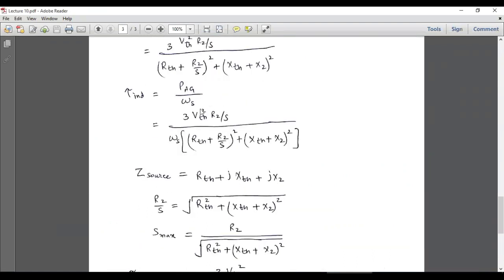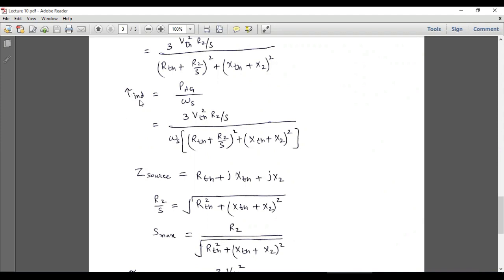And if the slip is 0, the induced torque will be calculated as infinity. So this slip, since it is coming in the denominator, cannot be 0. So we have to make it very very close to 0, but don't make it exactly equal to 0.